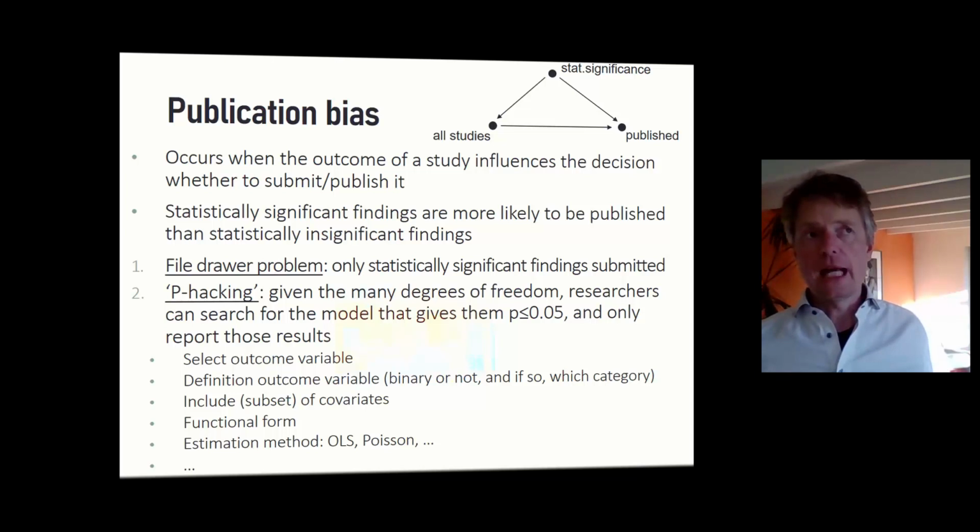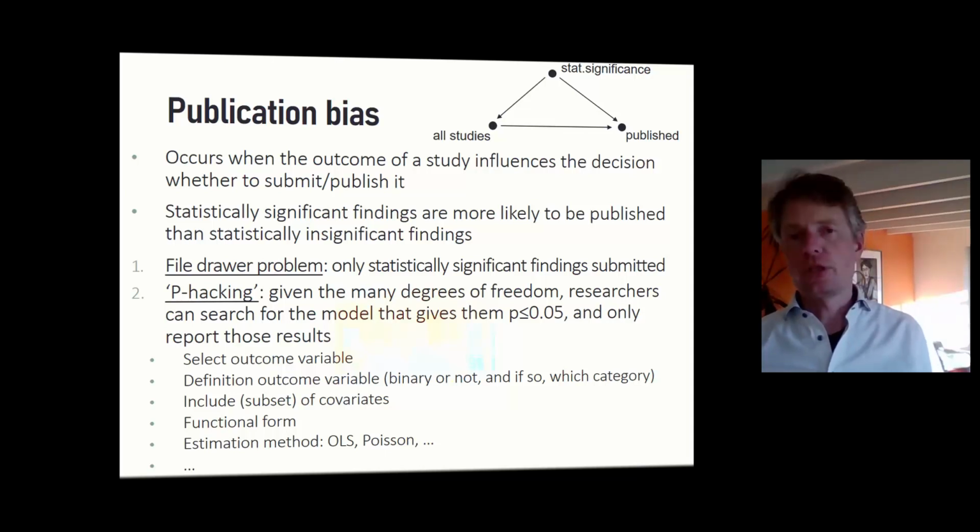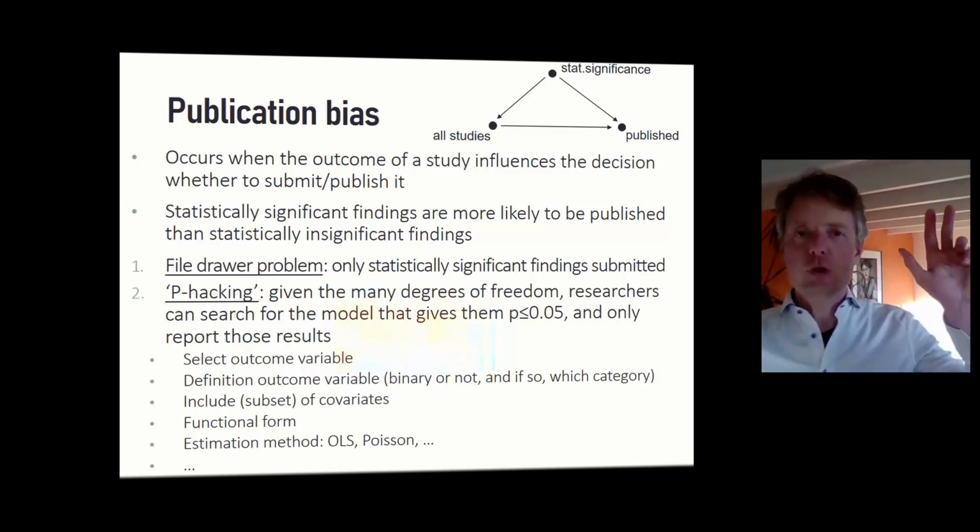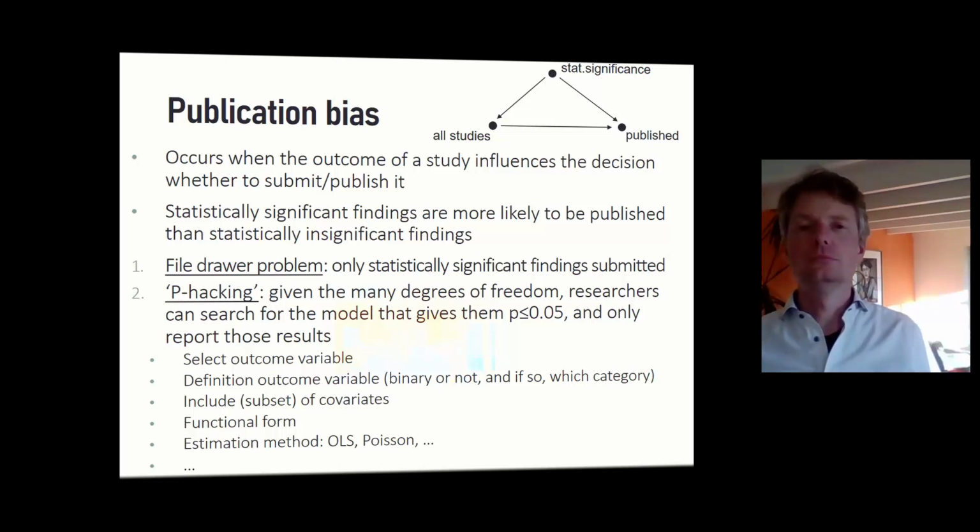As a researcher, you actually have many more degrees of freedom when you are conducting your research and when you did not pre-register your study. For instance, you may have a choice between several outcome variables, and certain outcome variables may show better results, or even if you have one outcome variable, you may define it differently.